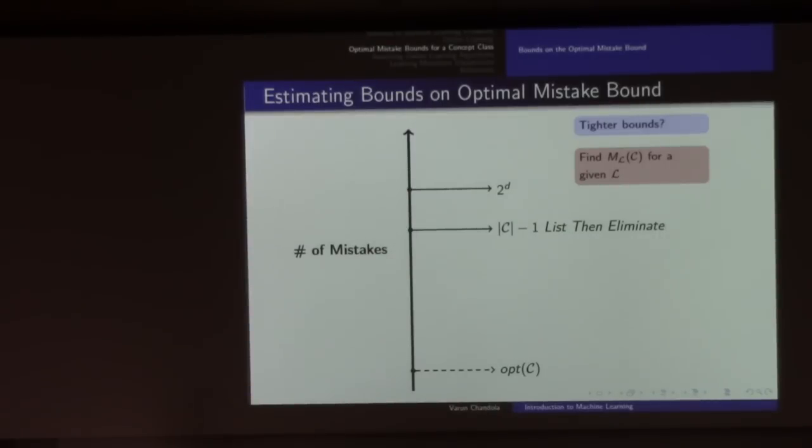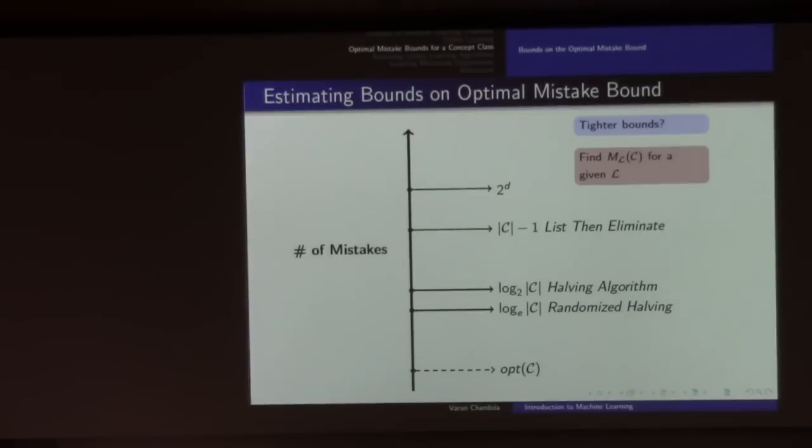So now, can we go even tighter than that? What I will show today are two algorithms: one is called the halving algorithm and one is called the randomized halving algorithm, through which you can get even tighter bounds.